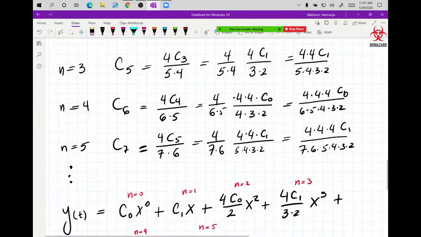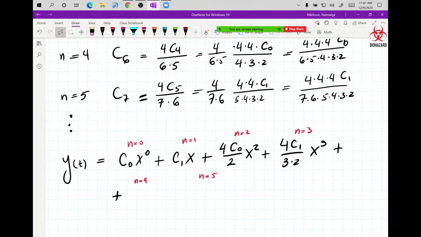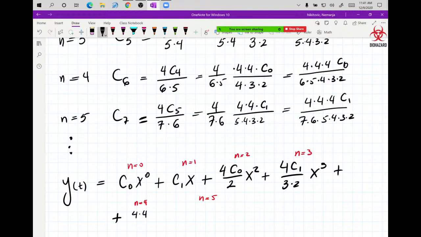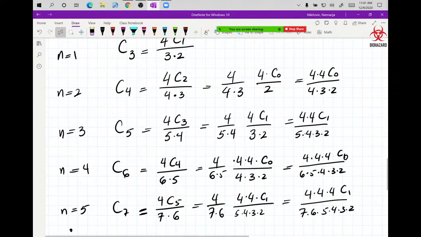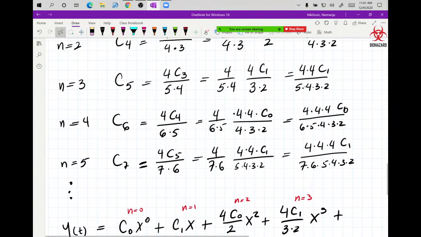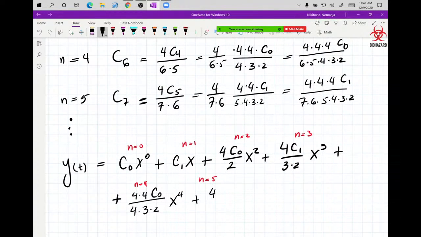So this is C0, C1, C2, C3, yeah, C4. So my C4 term is 4 times 4 times C0 divided by 4 times 3 times 2. Again, don't cancel. And then x to the 4, plus C5 term, which is 4 times 4 times C1 divided by 5, 4, 3, 2, 1.